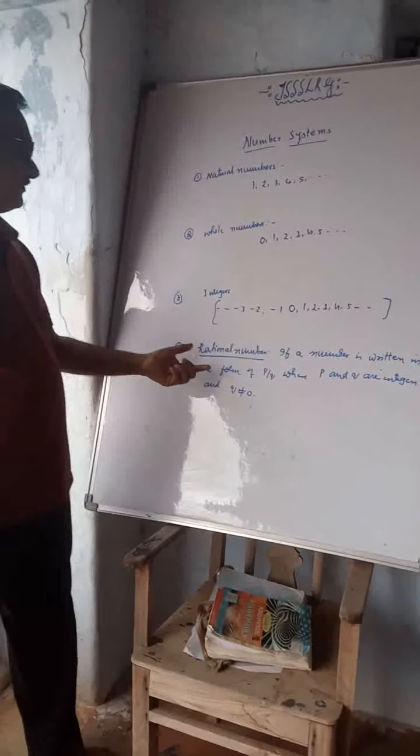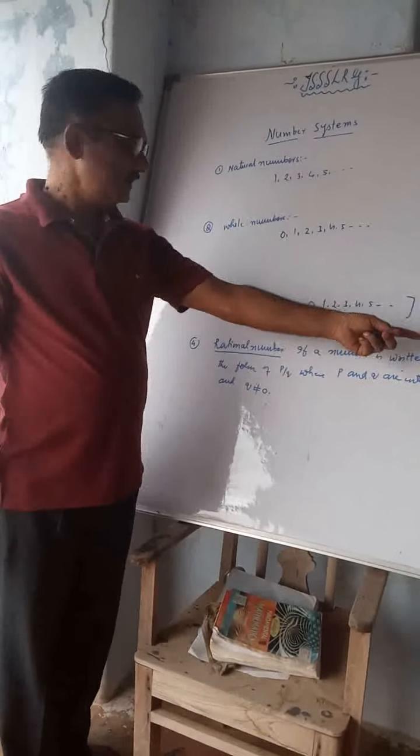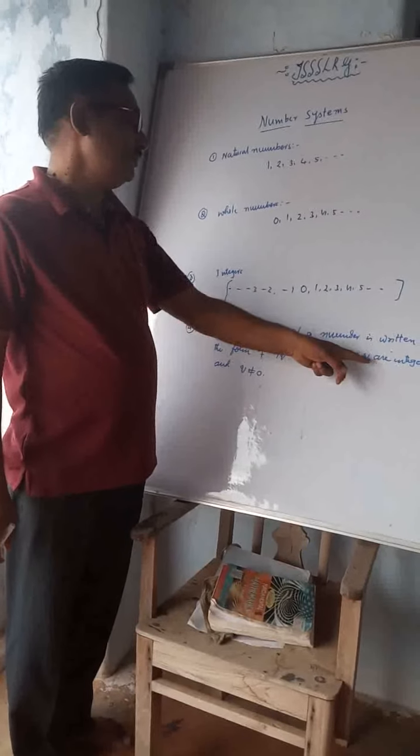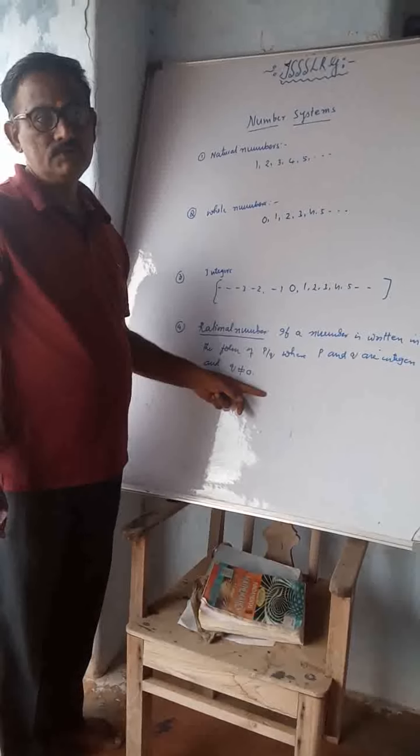The definition of a rational number is, if a number is written in the form of P by Q, where P and Q are integers, and Q is not equal to 0.